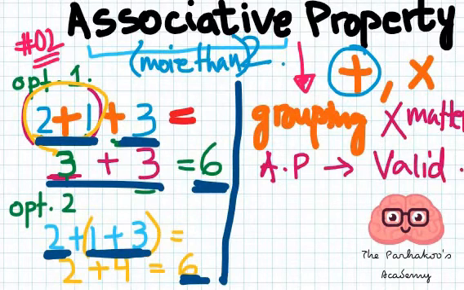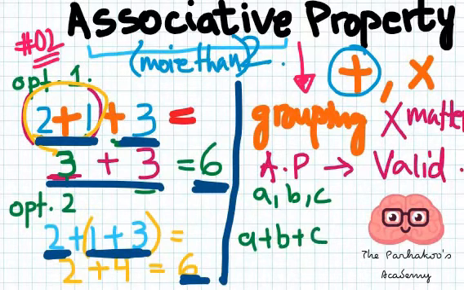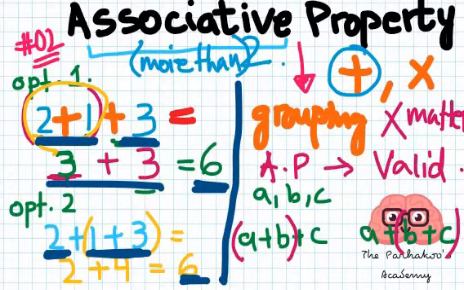So in case of addition, it is valid. Now, let's write it generically. Let's suppose we have three numbers a, b, c. So a plus b plus c, and again here we have three numbers on this side. Whether you add a plus b first and then you add into the third one, or you add b plus c first then you add into a, it's equal.